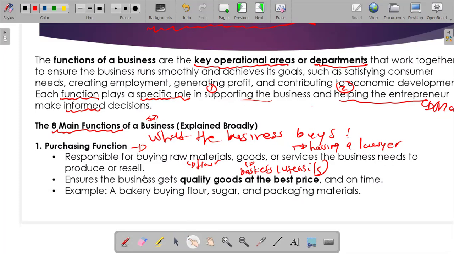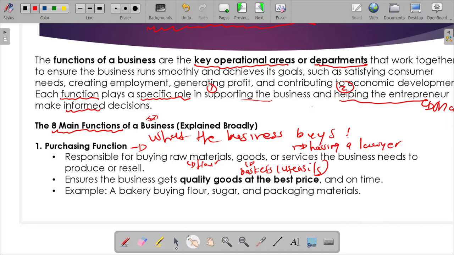Do you understand? So ensuring the business gets quality goods, quality simply meaning that it's of the best of its own. So when we buy these products, we need to make sure that our customers will get the best outcome from what we have bought. So we need to be careful of what we buy.